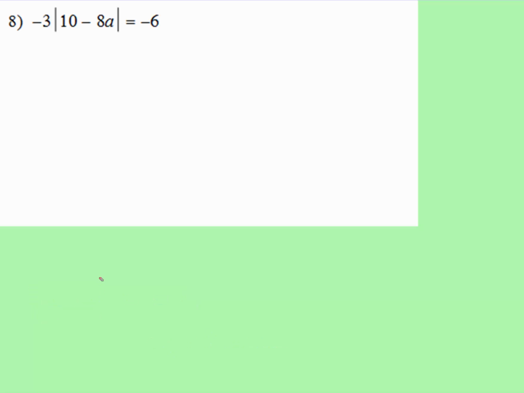But let's look at what this problem is. Well, we do have a negative sign, but look at what we have over here attached by multiplication. So before we can even get to the absolute value, the first thing you're going to do is the inverse of multiplication, which is division, or multiplying by the reciprocal. Those cancel, and then you've got an absolute value that's equal to positive 2.